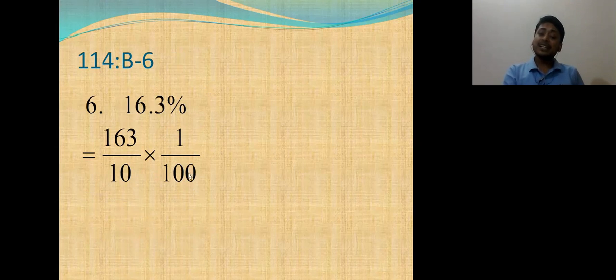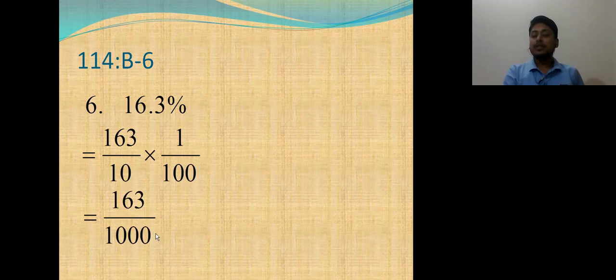Also you can directly write this 100 with 10, no problem. So finally 163 by 1000. We didn't write 100 over here because there is a 10, but we wrote it in division form. Writing 1 by 10 means division form. So finally we got 0.163.